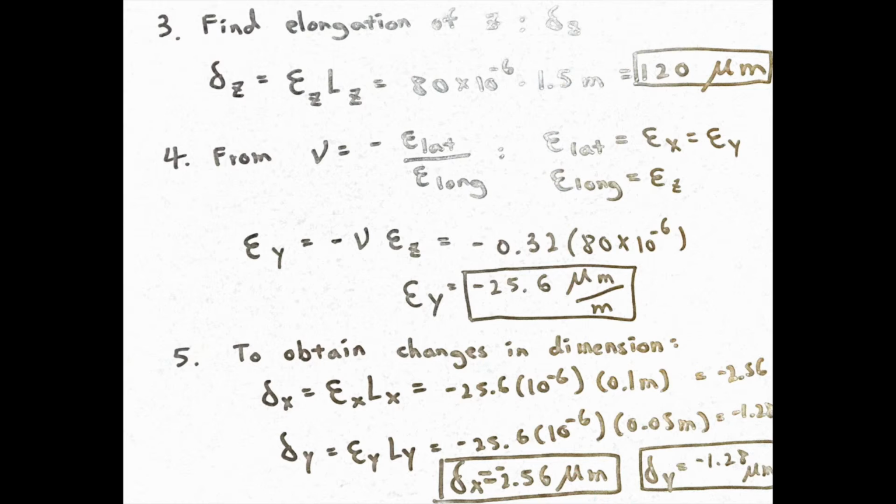From the Poisson's ratio formula, we can then determine the strain in the y direction to be negative 25.6, which is also unitless. Finally, we can obtain the changes in all dimensions. For the change in the x direction, we will get negative 2.56 micrometers. For direction y, we will get negative 1.28 micrometers.